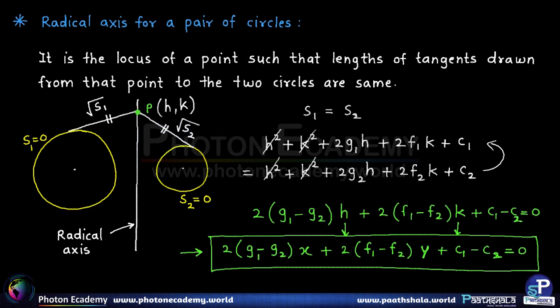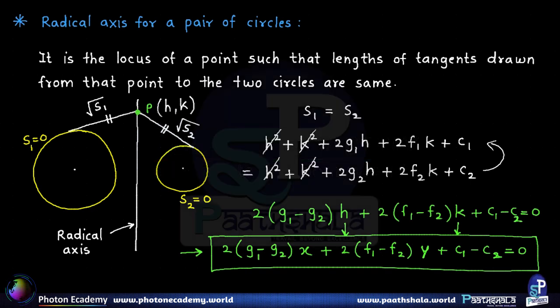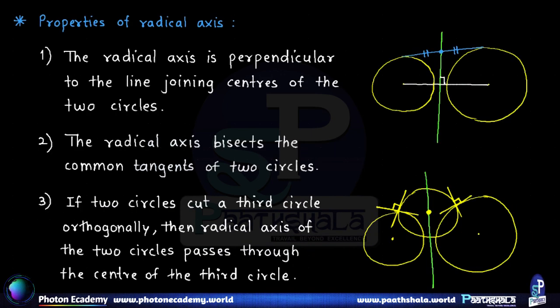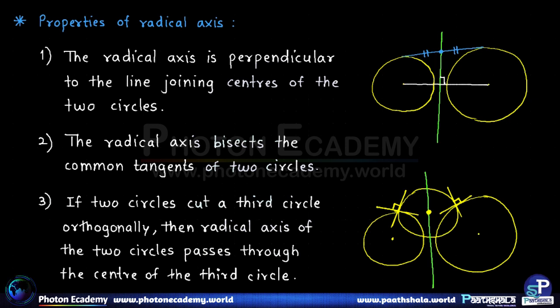Now let us see some properties of this radical axis. We'll go through the important properties related to it. The first property states that the radical axis is perpendicular to the line joining the centers of the two circles.